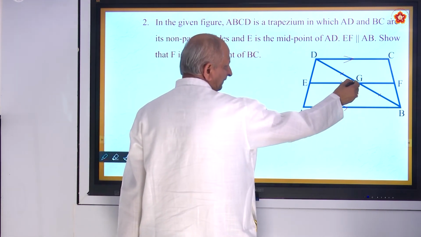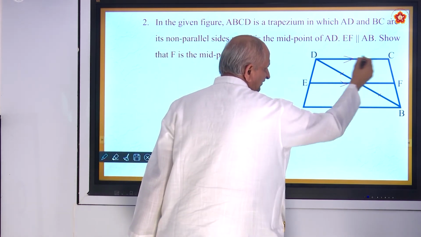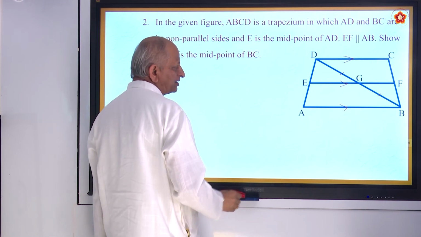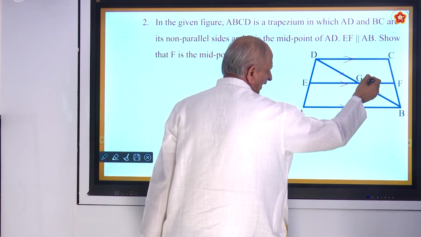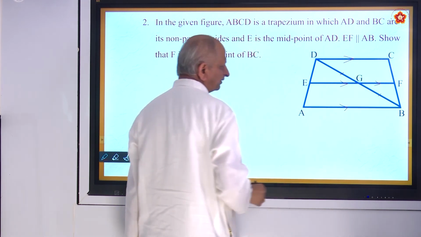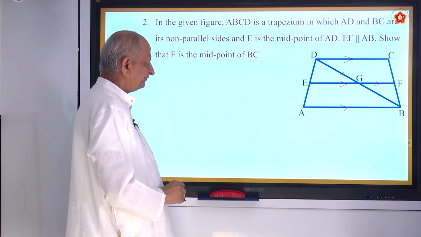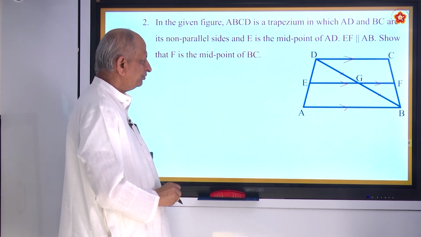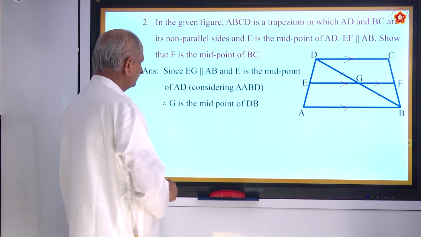And G becomes the midpoint. And a line is drawn parallel to the base here in this triangle. So you have this will be parallel to that and half of that. GF is parallel to CD and GF is equal to half of CD.